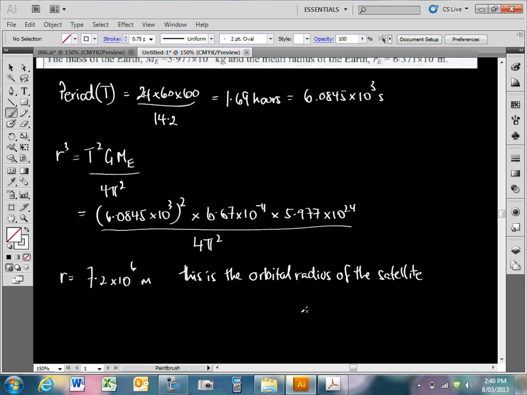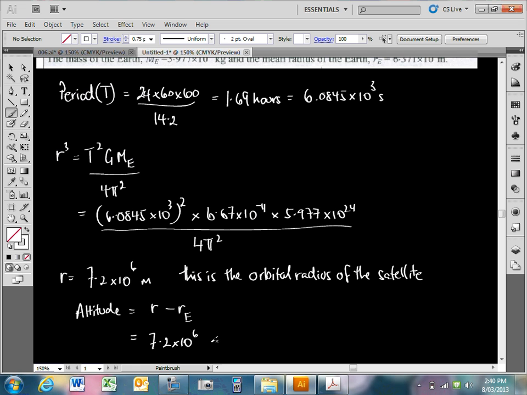Orbital radius of the satellite. Radius, remember, not altitude. Radius 7.2 by 10 to the 6.